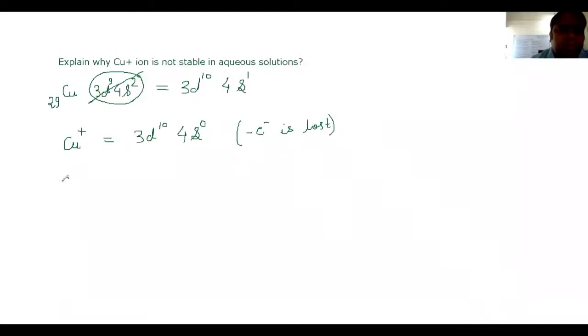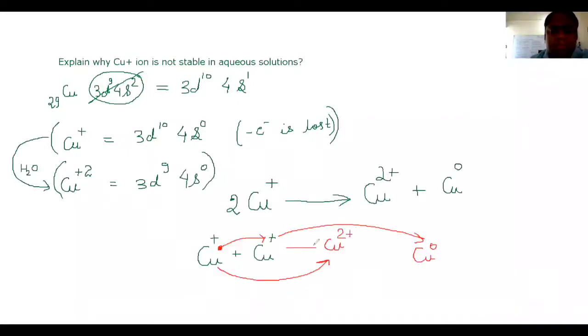In Cu2 plus ion, it forms 3d9. This is nothing but disproportionation, in which self-oxidation reduction reaction is taking place.